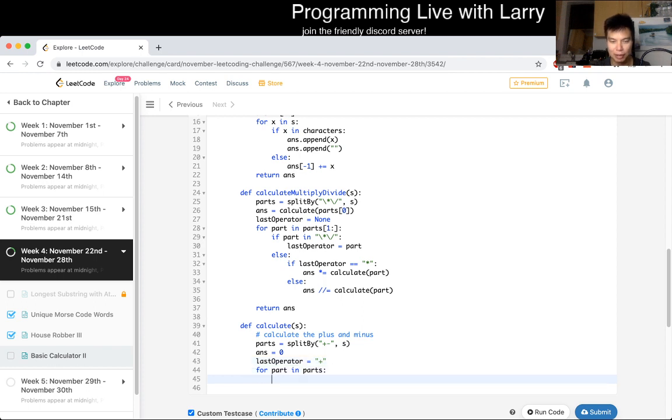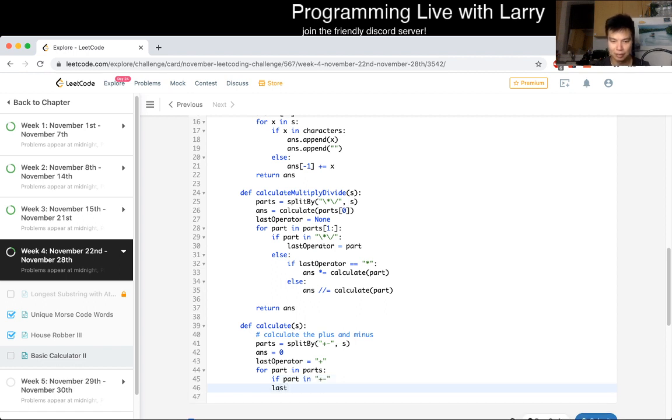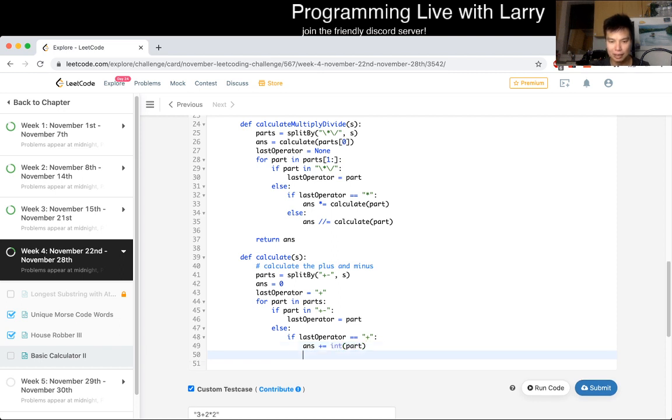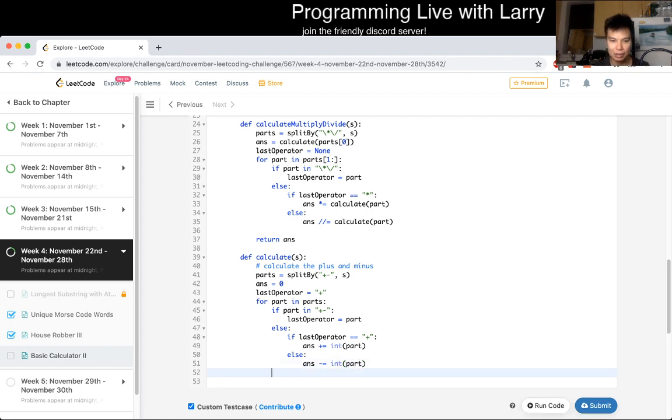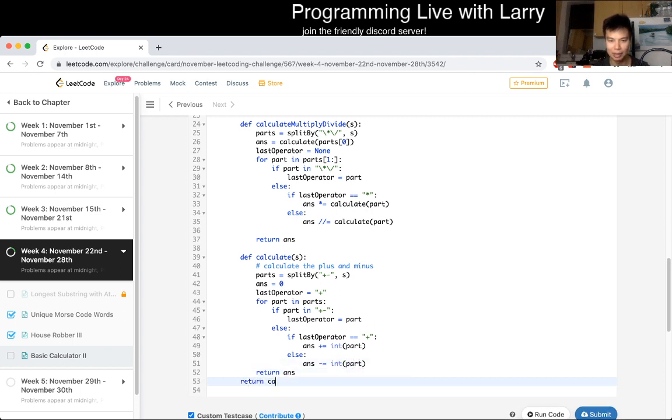And then if part is in last operator is equal to part, else last operator is equal to plus, int of part, else it's a minus into part, return answer, return calculate multiply divide of s.